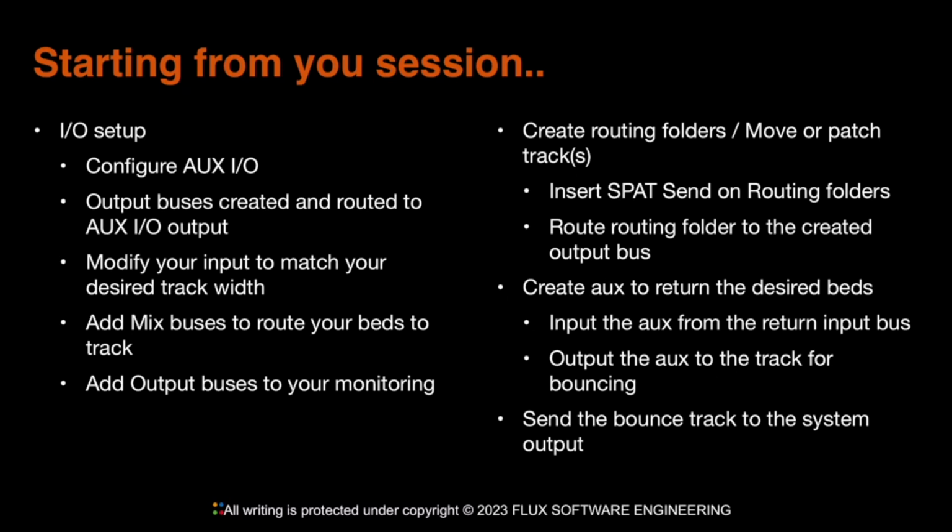On the input side, we take the input from SPAT to these aux returns, these beds. On the output side, we go to the actual track for bouncing, thanks to the bus we've created on the left side in the I/O setup. And then we send that bounce track, basically, the record to the system, to the output, and we are done. So voila, I think we're going to wrap this up for today.